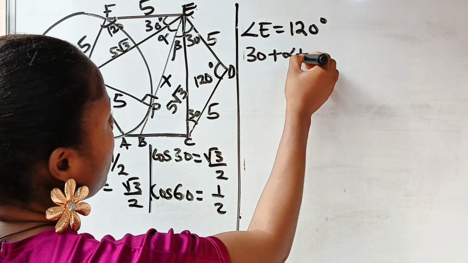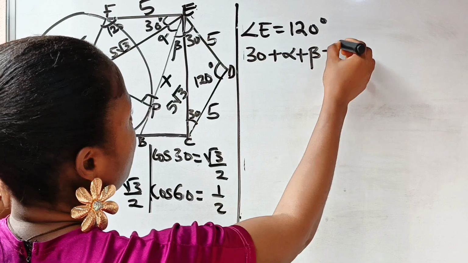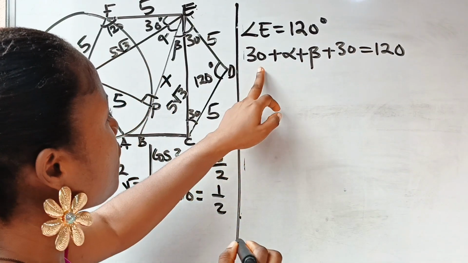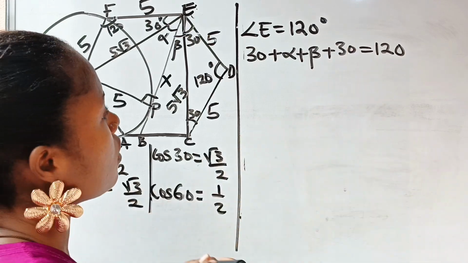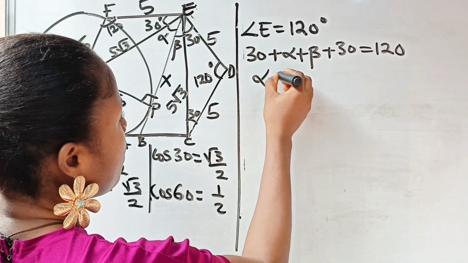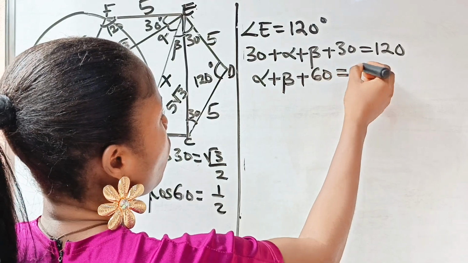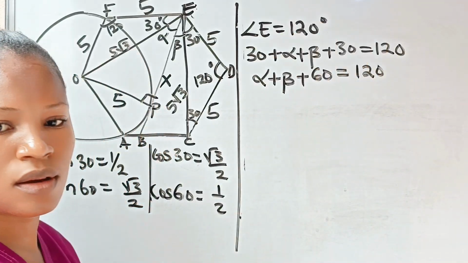So we have 30 plus 30 is 60. So we have alpha plus beta plus 60 is equal to 120.